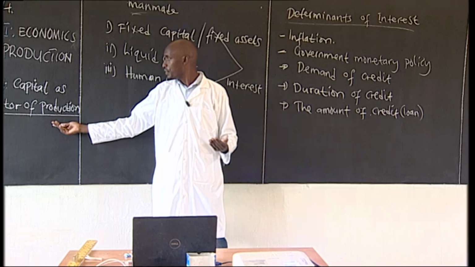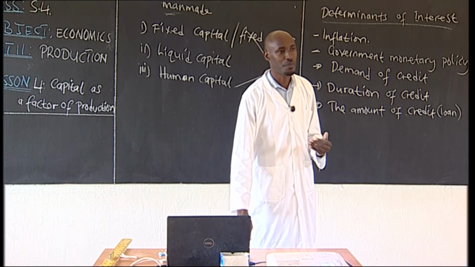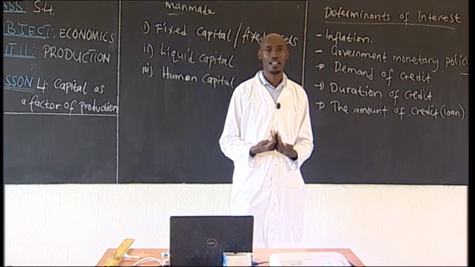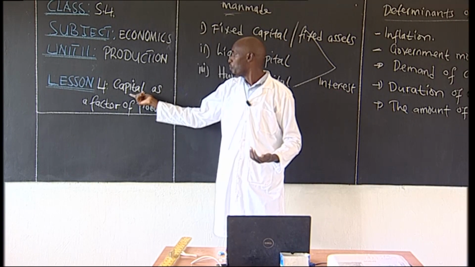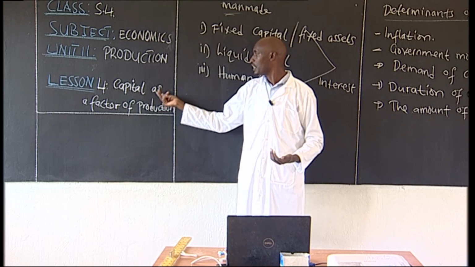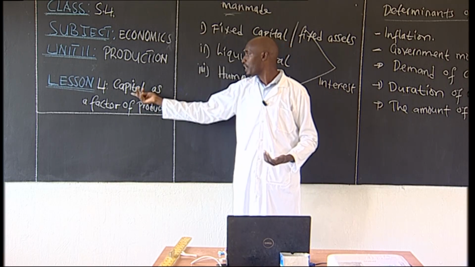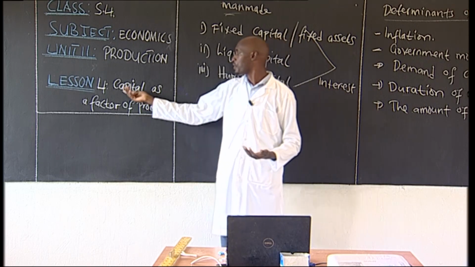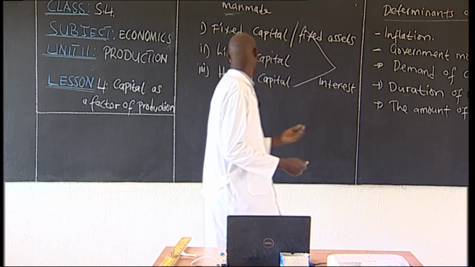Our learning objective, we said that at the end of the lesson, you should be able to explain the factors of production. But here in our lesson 4, we are specific on capital.